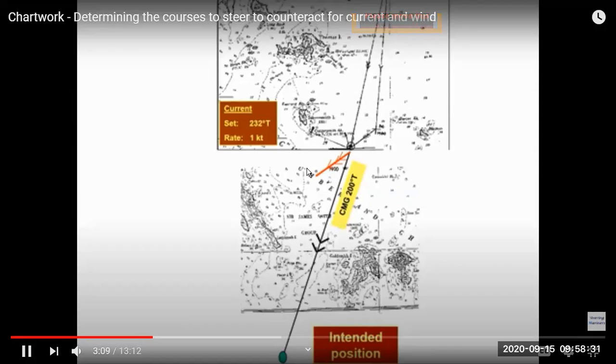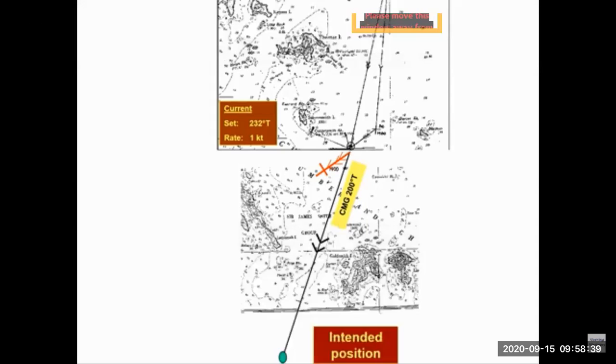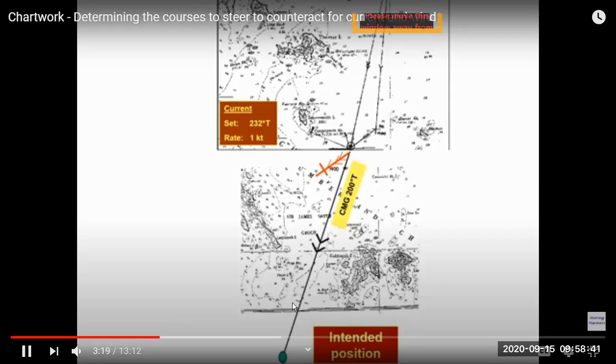So 1 mile at 232 degrees we mark, and from here we cut the ship speed for 1 hour, that is the engine speed, and we mark the engine speed and join this line. This single arrow is your course to steer.